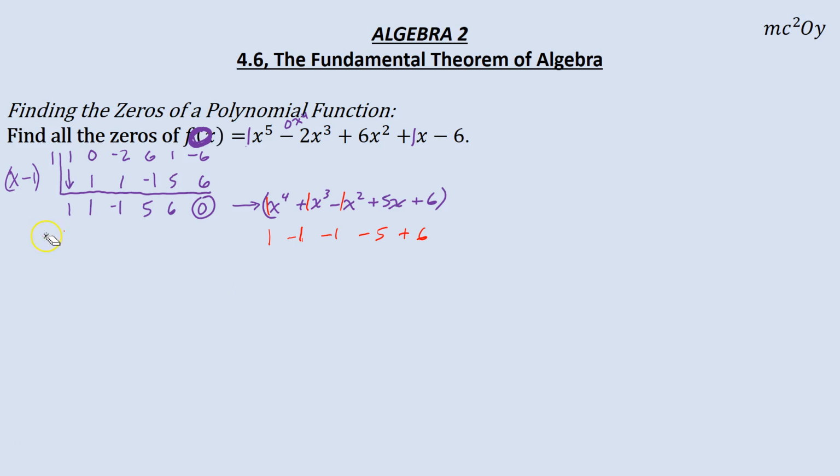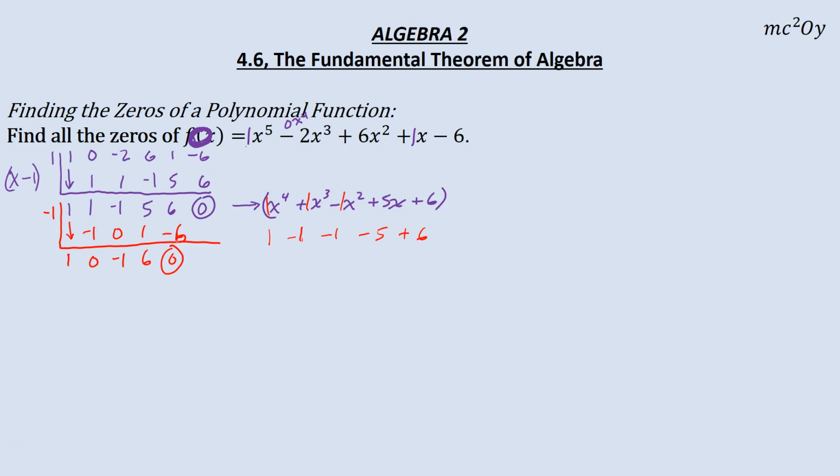And the way we'd want to write that out, actually just draw another bar right there. We put negative 1 on the outside. And we'd bring down this 1. Negative 1 times 1 is negative 1. That's 0. There's 0. That's negative 1. That's 1. That's 6. That's negative 6. That's 0.